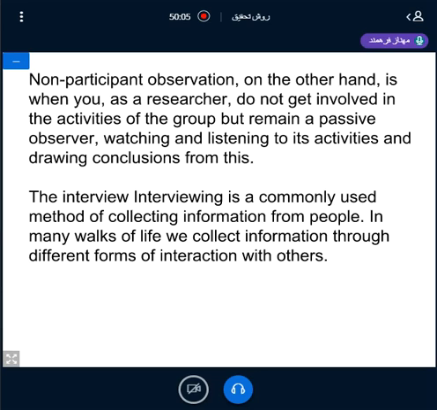So we as researchers participate in the activities of the study. But non-participant observation, on the other hand, is when you as a researcher do not get involved in the activities of the group but remain a passive observer, watching and listening to its activities and drawing conclusions from this.